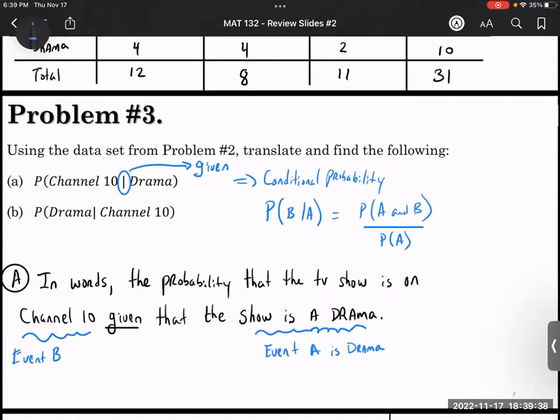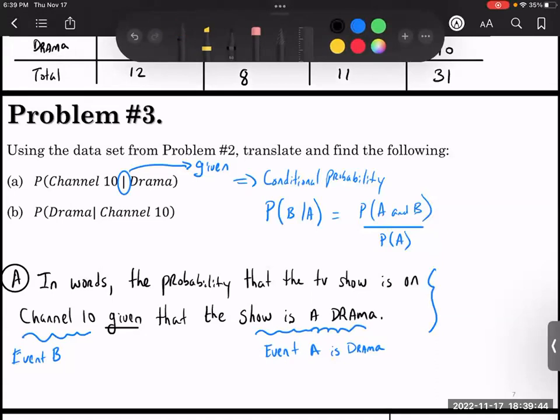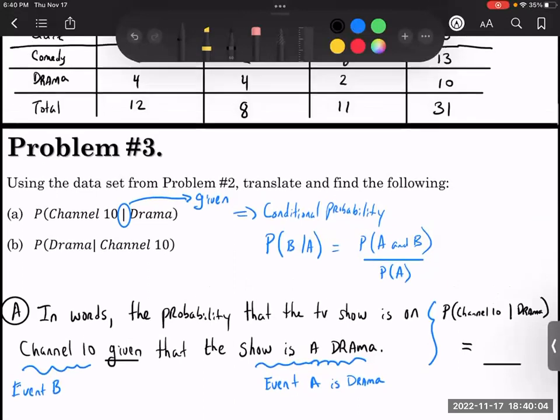For part A, to compute the probability of getting channel 10 given that the show is a drama, the bottom number is always equal to how many outcomes are related to the first event.